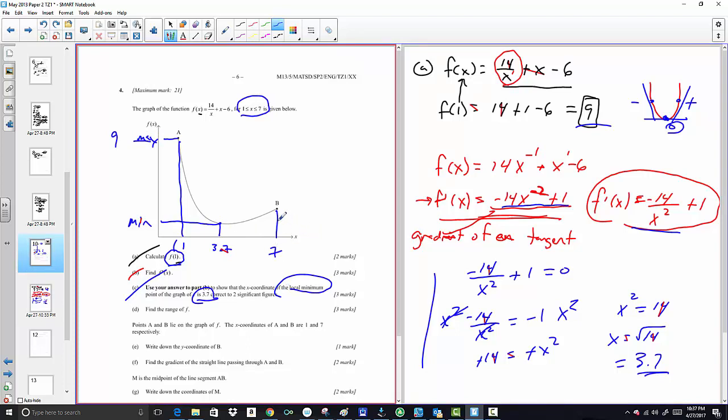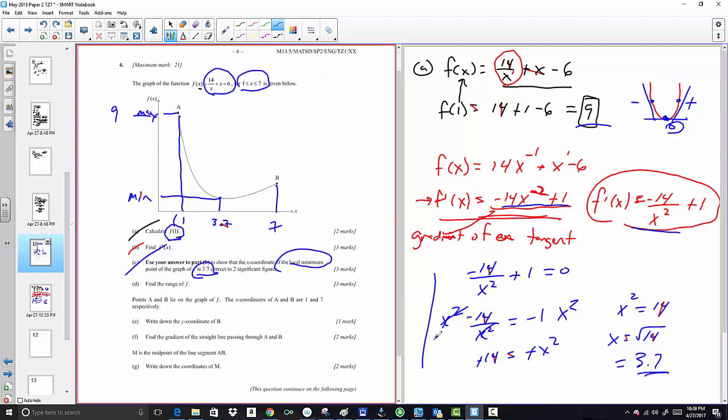So what I'm going to do is plug in the x value for the minimum, 3.7, back into this original equation. So I want to do 14 divided by 3.7 plus 3.7 minus 6, and that will tell me this minimum point.